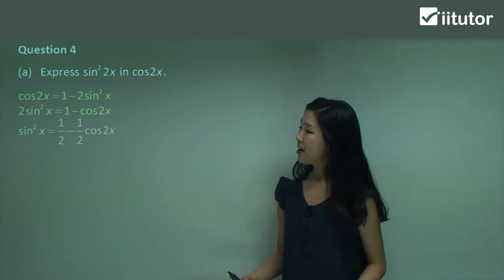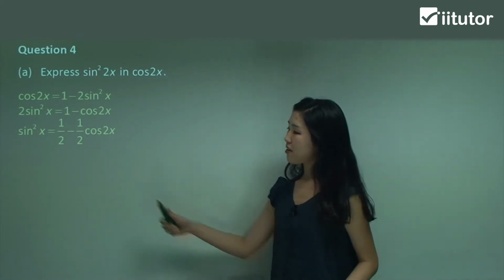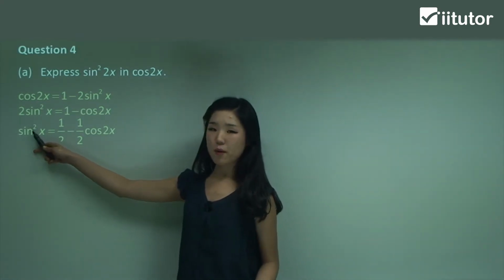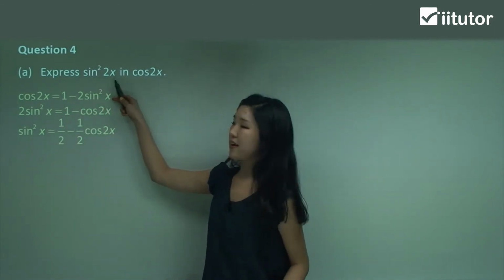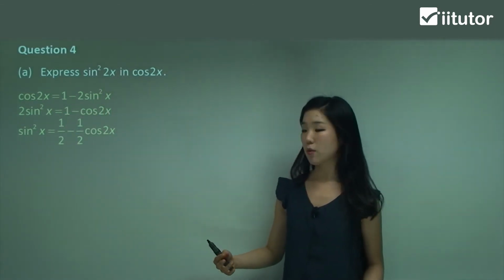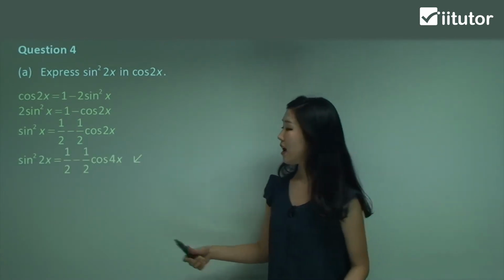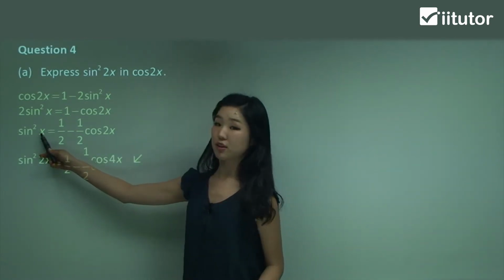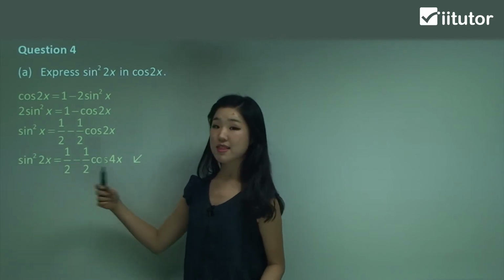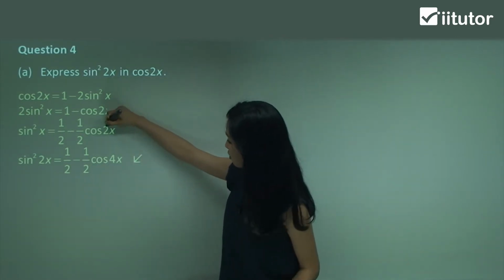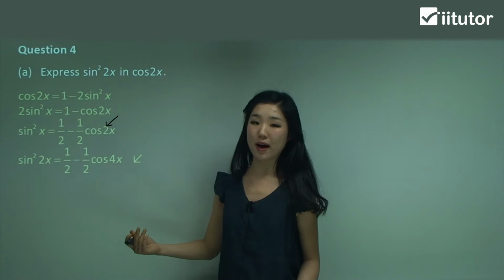So I've got sine x squared, but that's not what I want. Sine 2x squared is what I want. If I want sine 2x squared, I'll multiply the inner function by 2, and then I must multiply this by 2 as well.